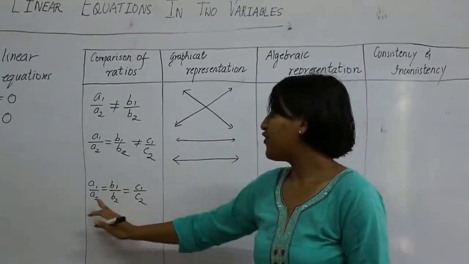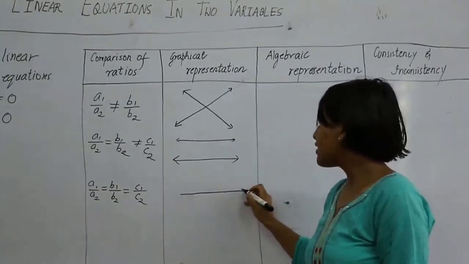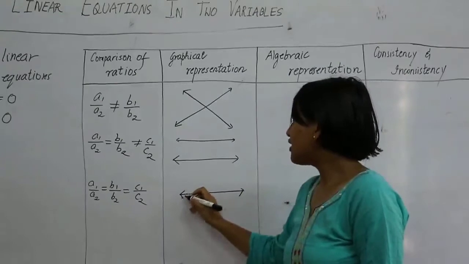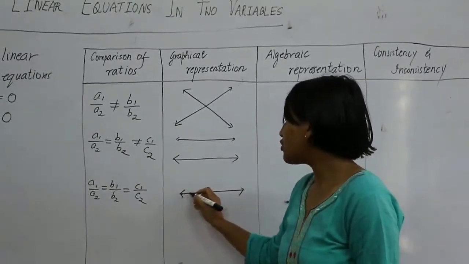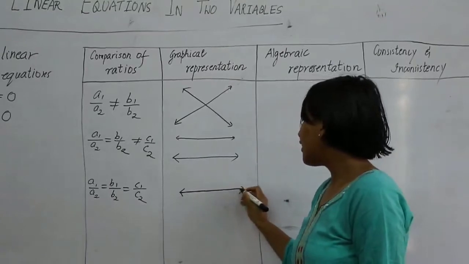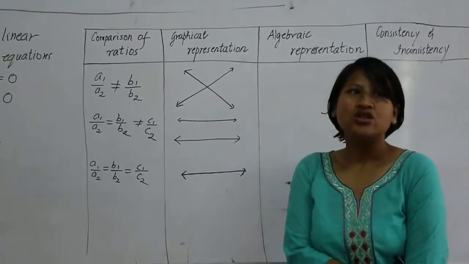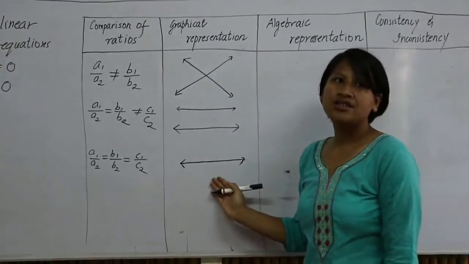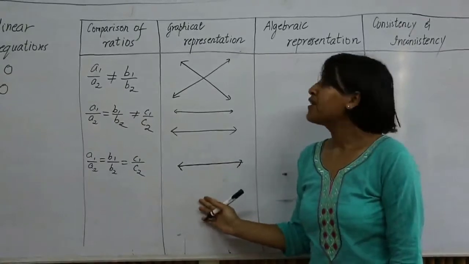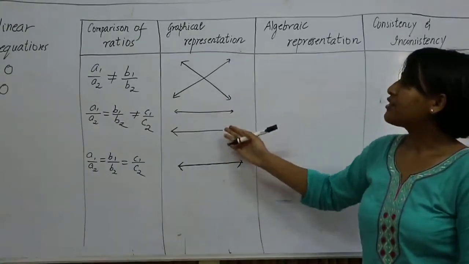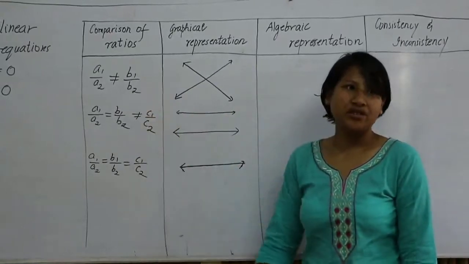However, if all the ratios are equal, we have for the first equation graphically this line, and for the second equation another line, which coincides. The two lines coincide. So these will be the graphical representation according to the comparison of ratios.